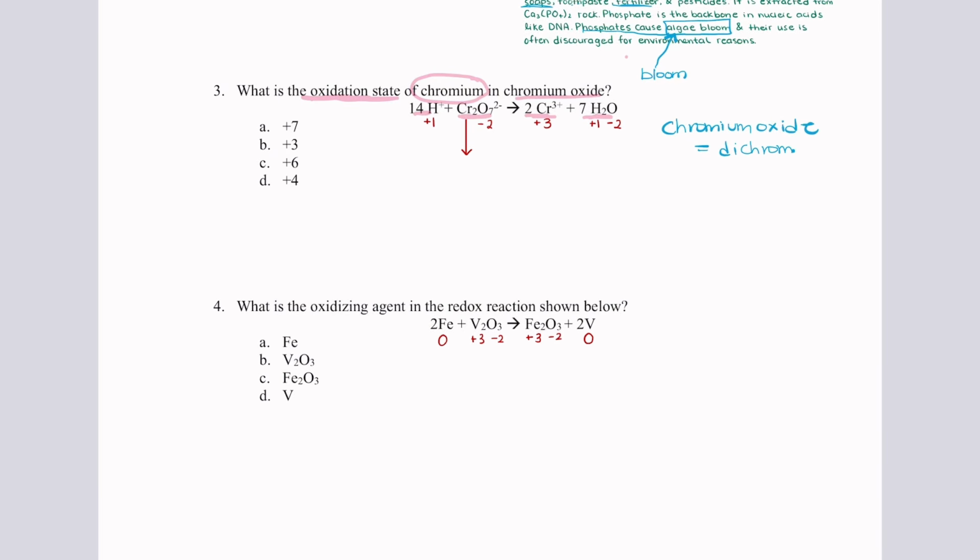To figure out the oxidation state of chromium in the dichromate ion, let's first note that the overall charge of this ion is -2. This is going to be extremely important in the way that we work through this problem. Now we can look at oxygen and chromium because that's what makes up our dichromate ion.